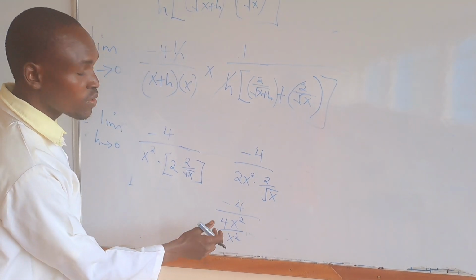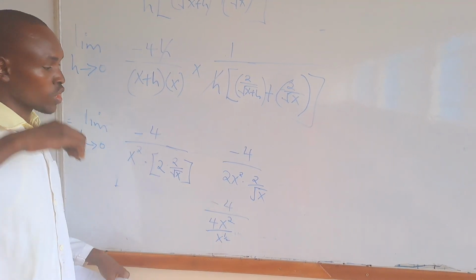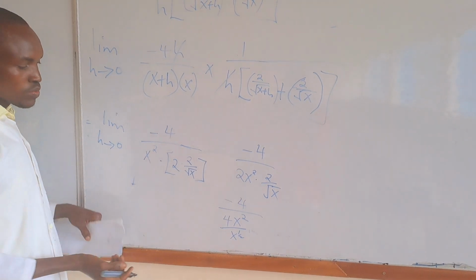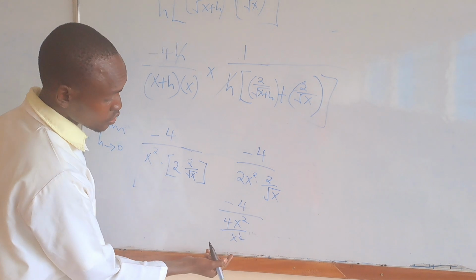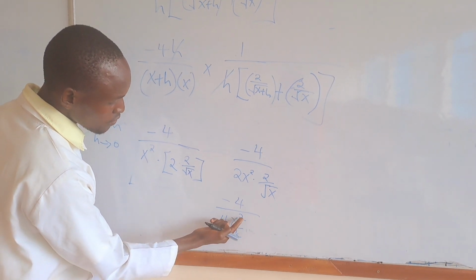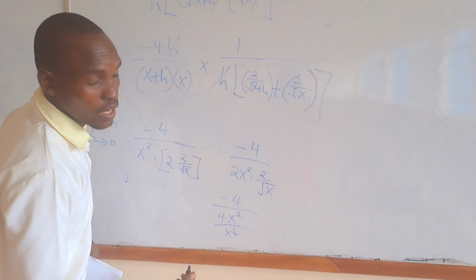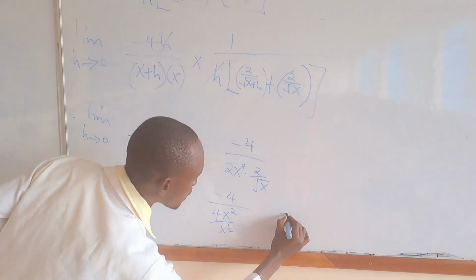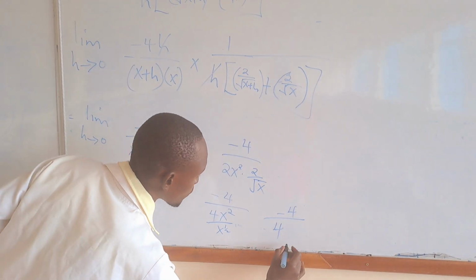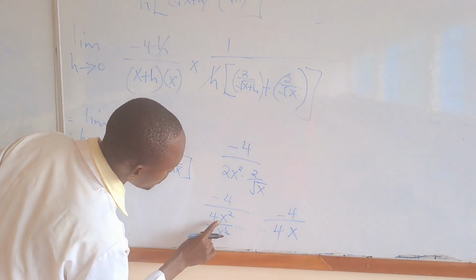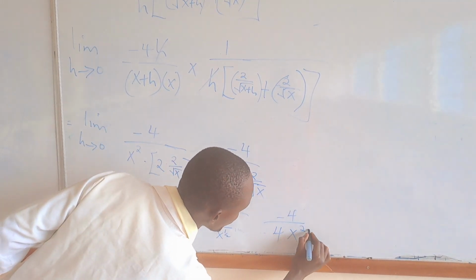What do we do? From laws of indices, when it is division, what do we do? We subtract the power. So we will subtract half from x squared. So we'll have negative 4 divided by 4x raised to power 2 minus half.